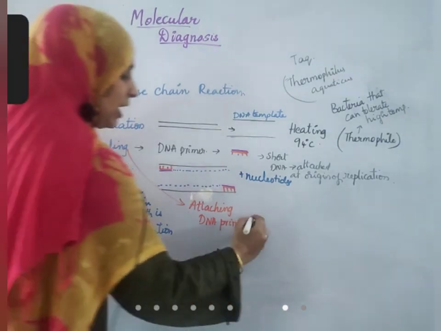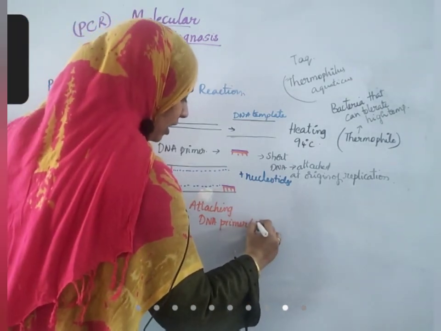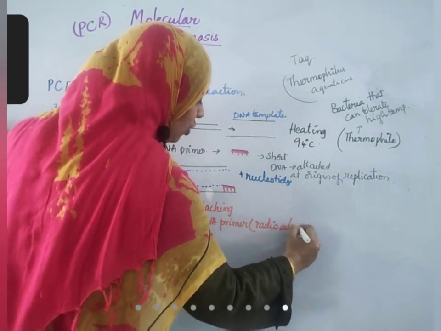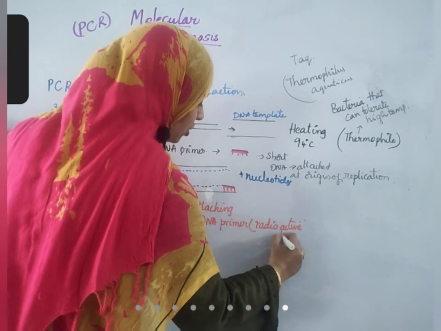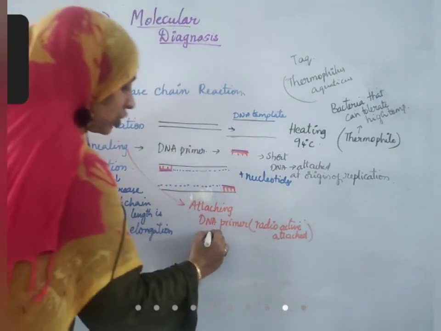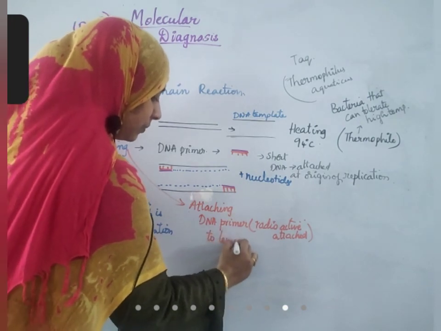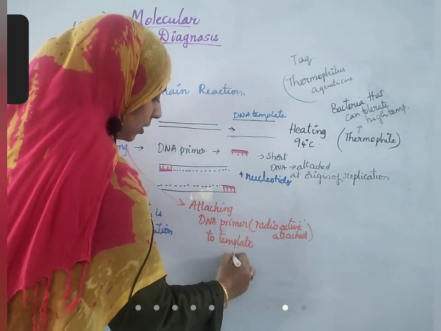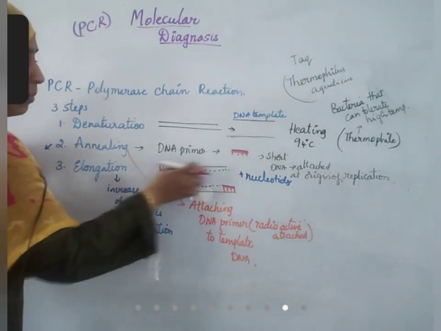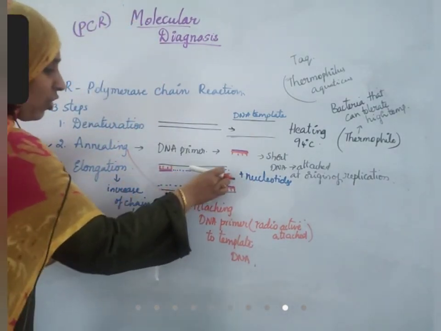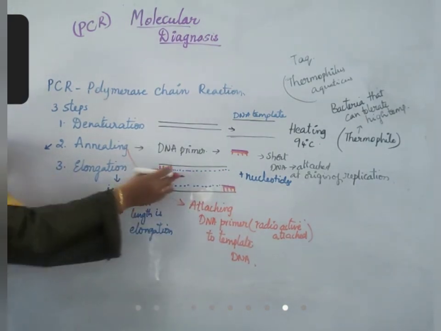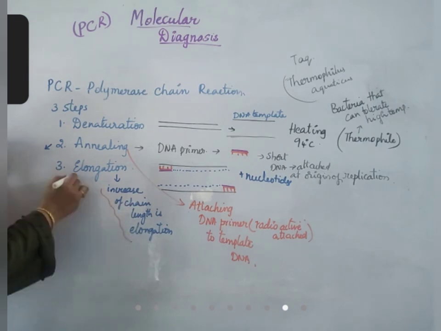It should have a radioactive molecule attached. The DNA primer is attached to the template DNA. Okay. After that, by addition of nucleotides, the length of the chain is increased. Okay, so that process is called elongation.